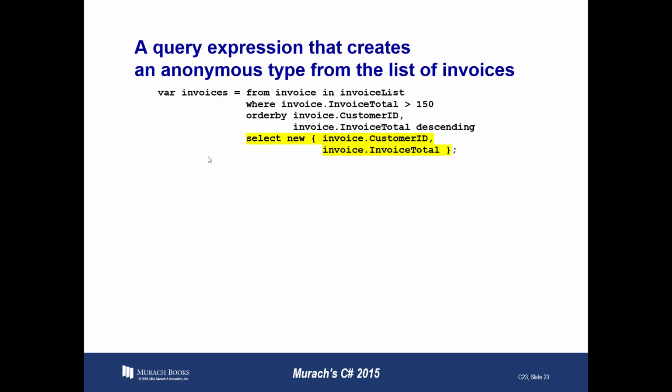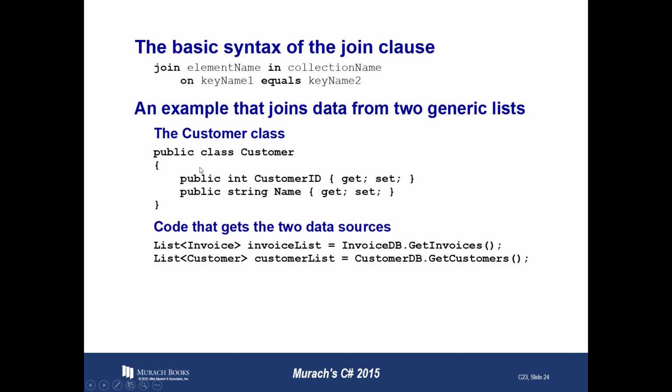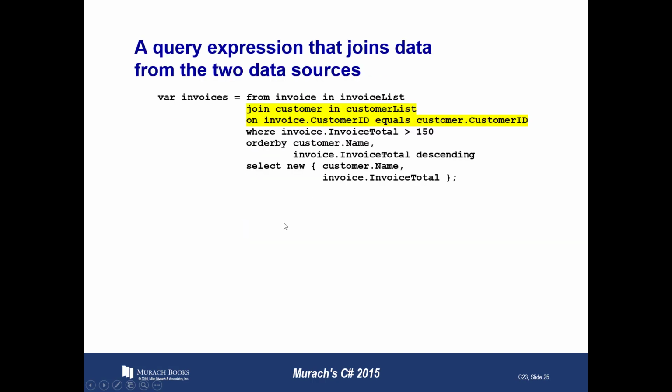You can also have a query expression that creates an anonymous type. With an anonymous type, basically it's an unnamed type. All right, you can use join syntax. Here is an example, as it says, that joins data from two different generic lists. So we've got here a customer who's got an ID and a name and an invoice.